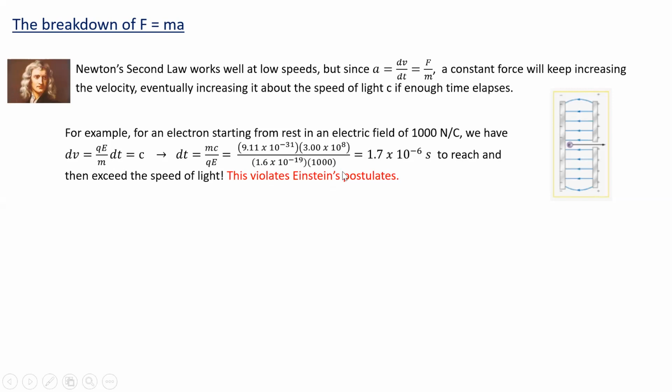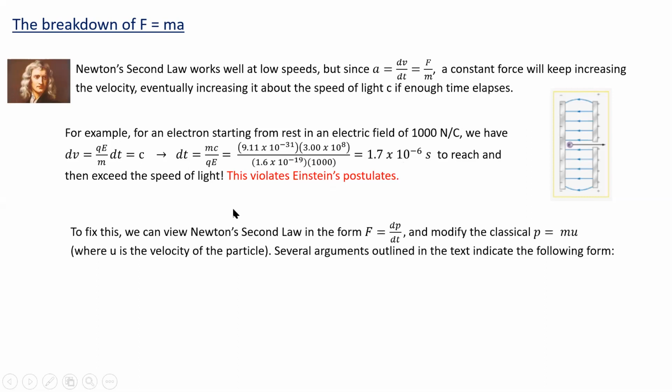So with electrons, since they're so light, we could very quickly, if classical physics is correct, violate Einstein's postulate that nothing can travel faster than the speed of light. So what can we do about this? Well, to fix this, we can view Newton's second law in the form that he actually wrote it, which is F equals dp/dt, where p is the momentum, m times v.